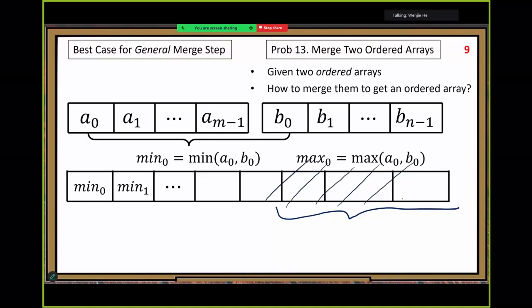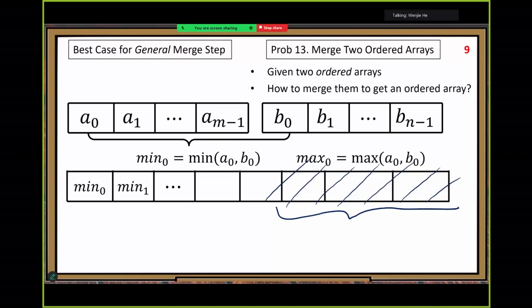You can put them in place without any comparison. For the head part, when you start, you need to do comparisons, right?